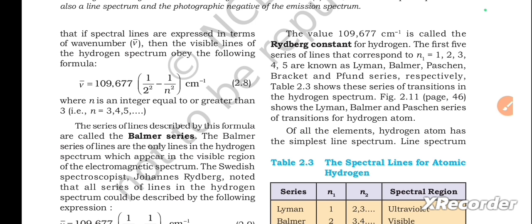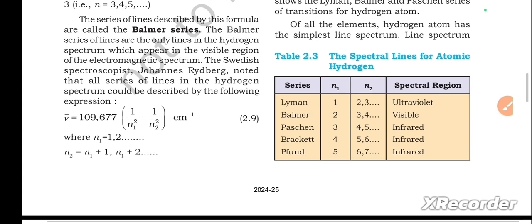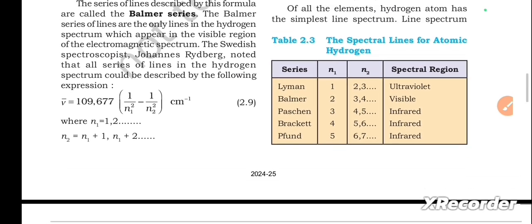The Swedish spectroscopist Johannes Rydberg noted that all series of lines in the hydrogen spectrum could be described by the following expression.